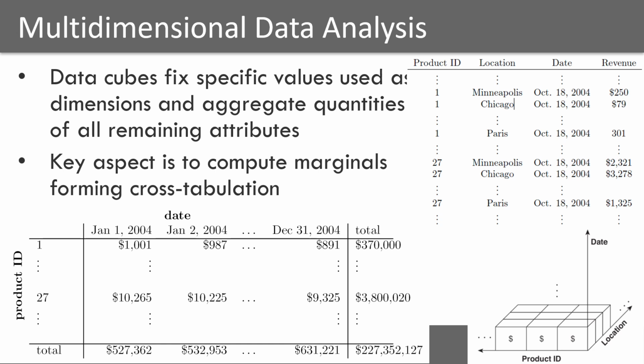So we select which attributes should form these coordinates, and then these attributes will form a two-dimensional, three-dimensional, or multidimensional space, which is full of cells.